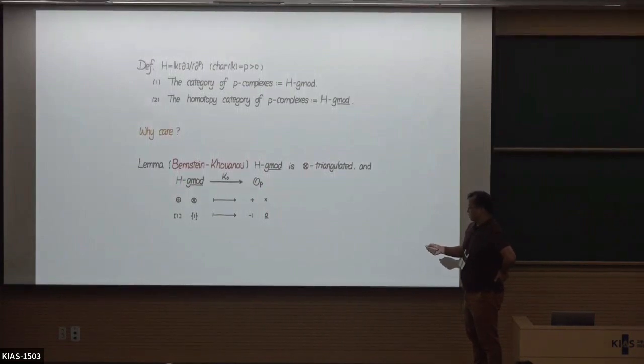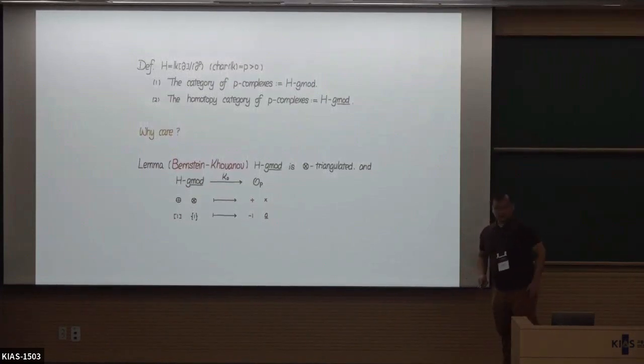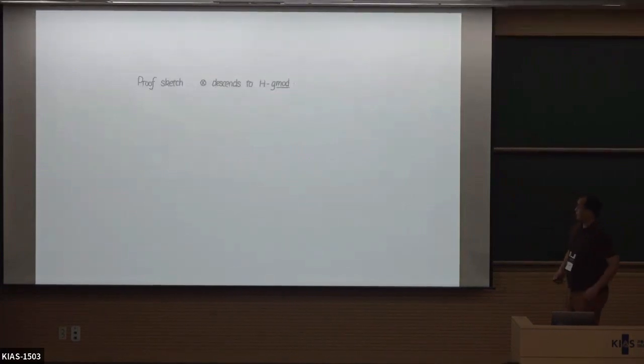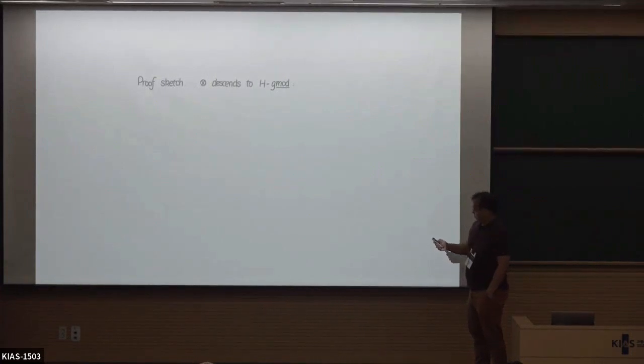So categorification means that when you pass to the Grothendieck group, this direct sum, tensor product structures, etc., become addition, multiplication, etc. Again, this is supposed to be an introductory course, so I'll give you a sketch of the proof of why this is true. This is how, in general, you work with tensor triangulated categories.